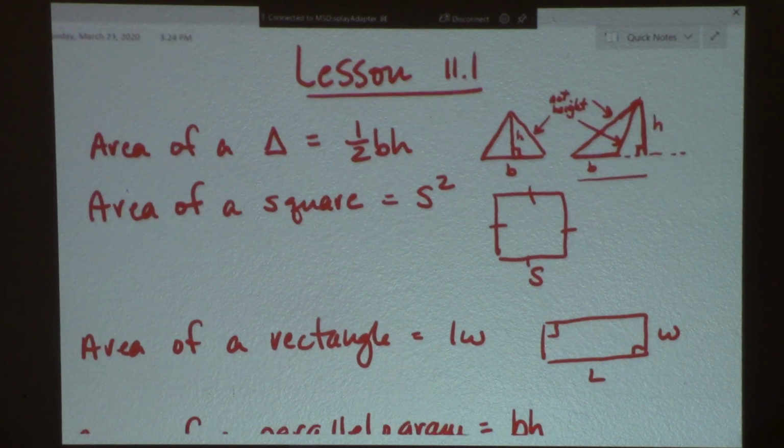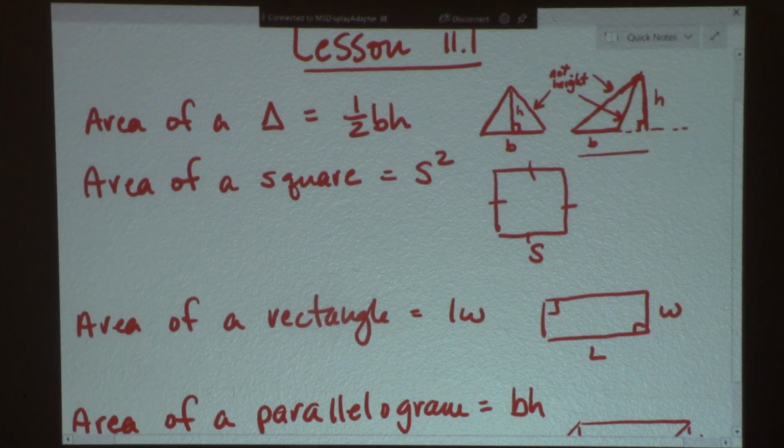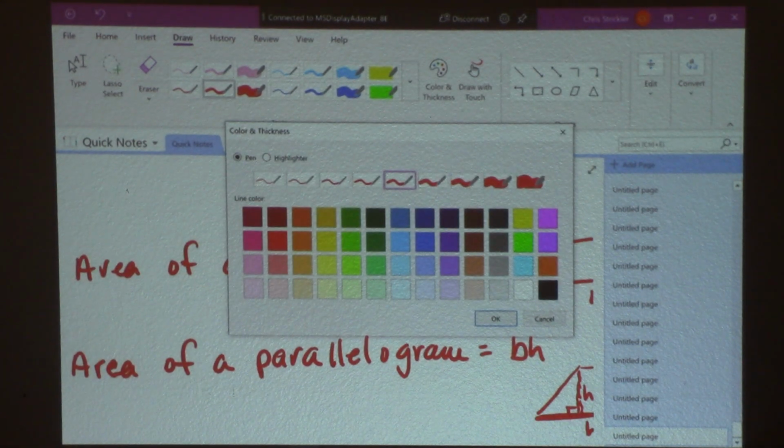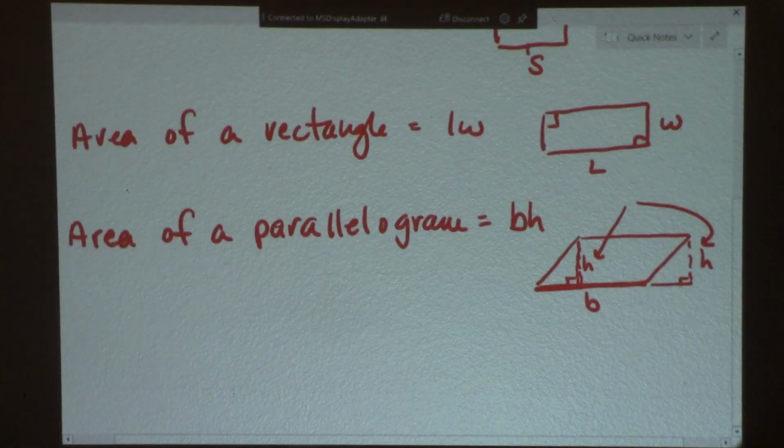Okay, so the area of a square is the side squared, and down here I want to talk about the height again for a parallelogram. Here's my base, and the height is only going to be the perpendicular distances to the base. So here I have it coming down. I'm going to change colors really fast. Okay, that's going to be right here. That's the height that is perpendicular to this base right along here.